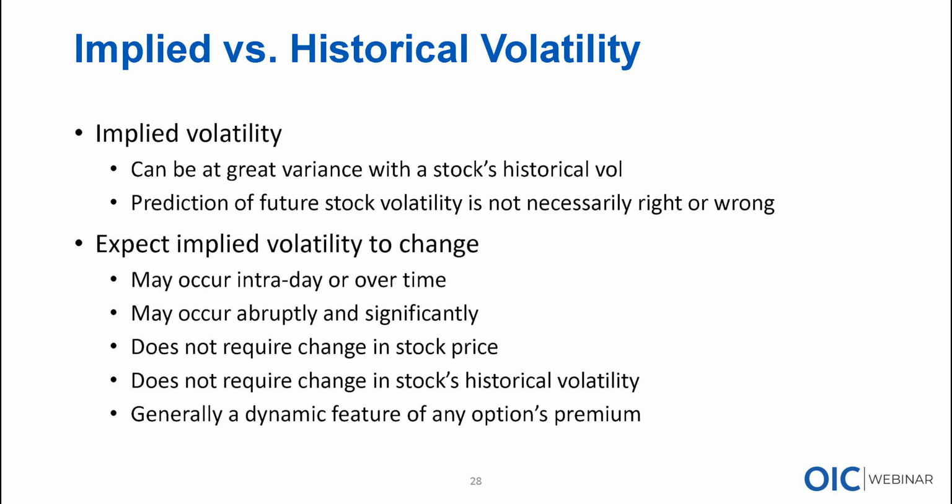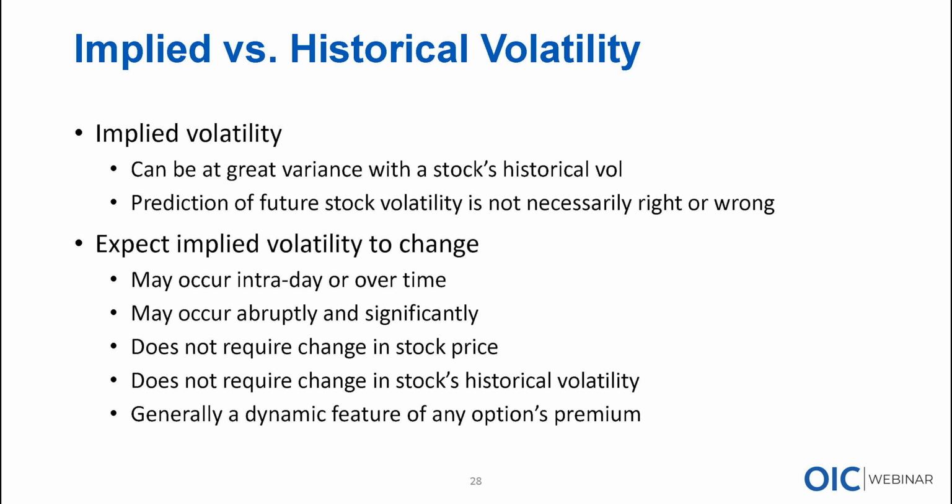So back to my example, if stock historically is trading at a 30 vol and options are trading at a 15 vol, an investor may look at that and say, here's a great buying opportunity, because typically volatility reverts to the mean, meaning we would expect the implied volatility of the option to eventually get back in line with its historical vol levels.